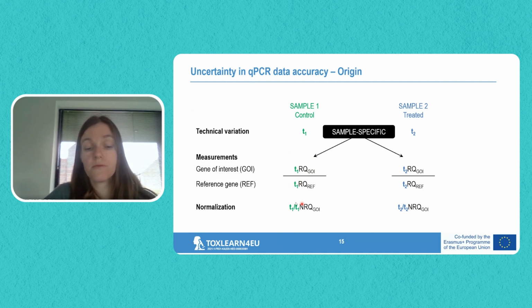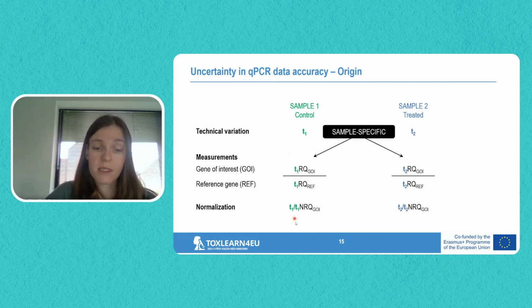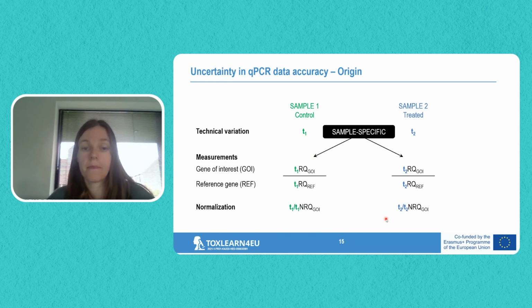So as a result, you will obtain a so-called normalized relative quantity, or NRQ value. And this T1 will be divided by T1, and T2 will be divided by T2. So, of course, these level each other out, so that in this case, the data normalization corrected for any technical variation that might be present. And this is, of course, the goal of the normalization.